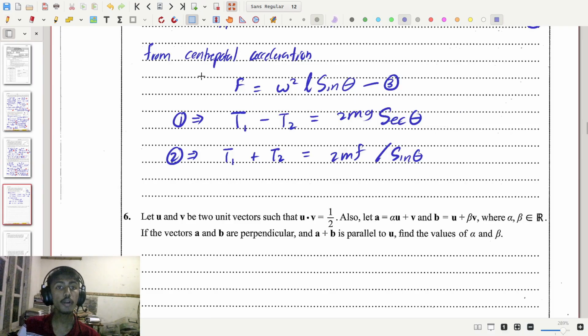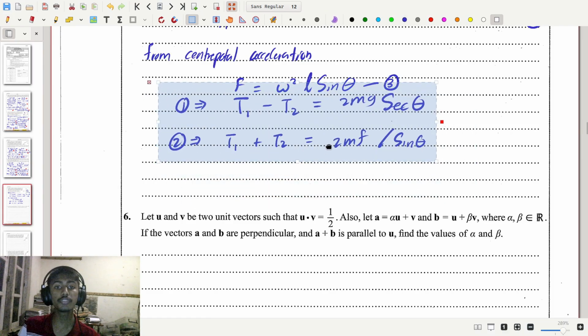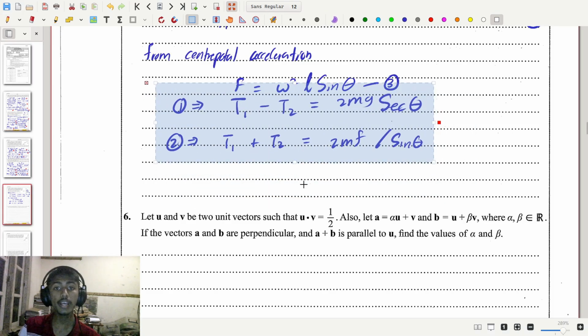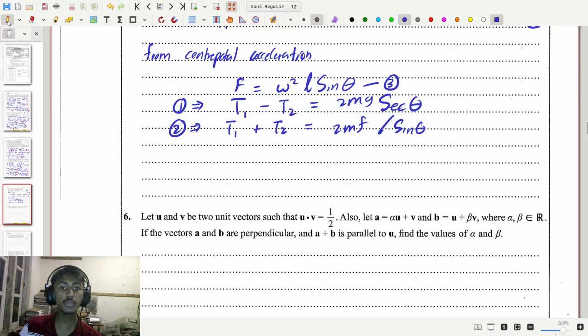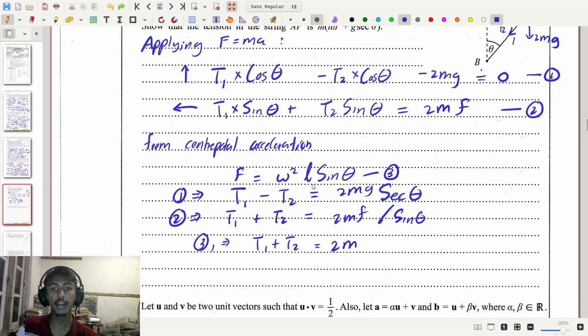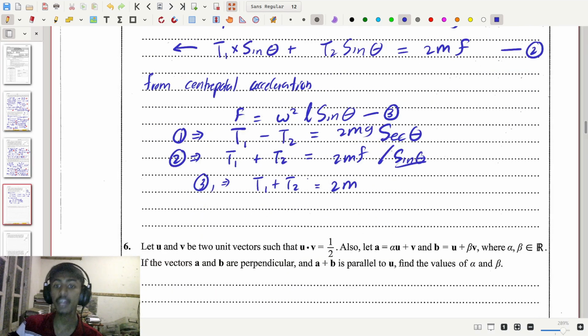Now we can do another substitution here. From equation number 3, instead of f, we can substitute omega squared L sine of theta. According to that, we can take this equation and use 3 on it, and from that we get T1 plus T2 being equal to 2m times f, which is omega squared L sine theta divided by sine theta.